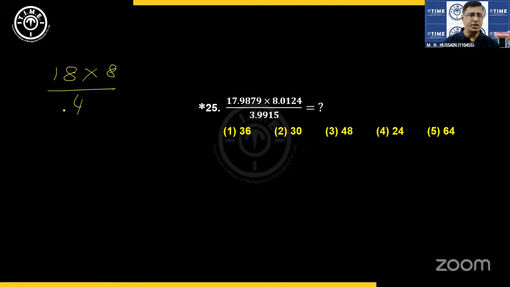What is the cancellation here? 4 it goes 2 times. 4 in 8, it goes exactly 2 times. So 2 into 18, that is 36. The right choice is option number 1. First choice is the right answer.